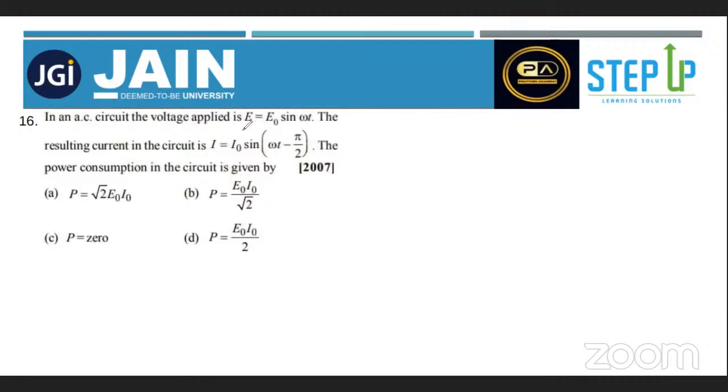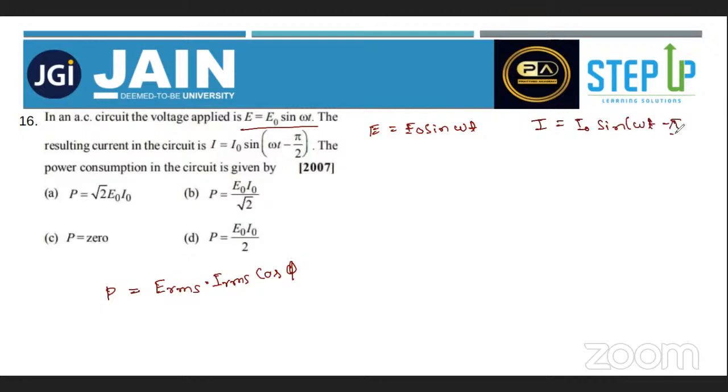Okay, we'll try to solve. E is equal to E naught sine omega t. This is the AC equation. To find the power, the formula is given as E RMS, root mean square, into I RMS, the RMS current, times cos phi. Here E is given as E naught sine omega t, and I is given as I naught sine omega t minus pi by 2.